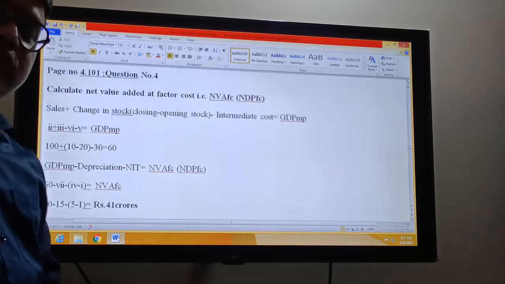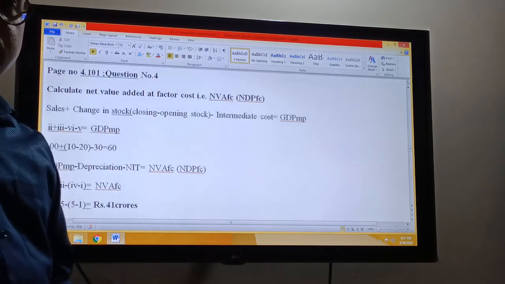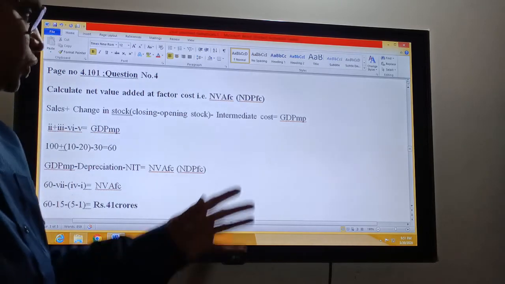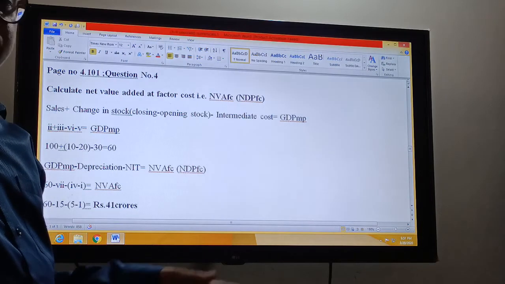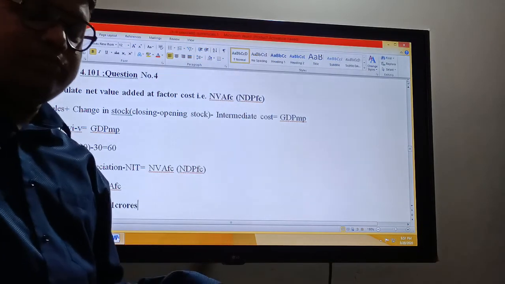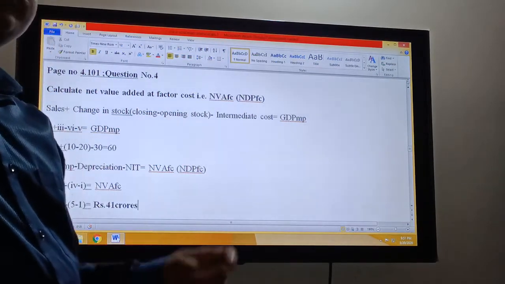In these questions we'll have to focus on one thing: you'll have to know the formulas. You write down your formulas first, then do these questions in 2 steps. If you want to get NDPFC, in the first step you'll get GDPMP from value of output. In the second step you'll get NVFC from GDPMP.